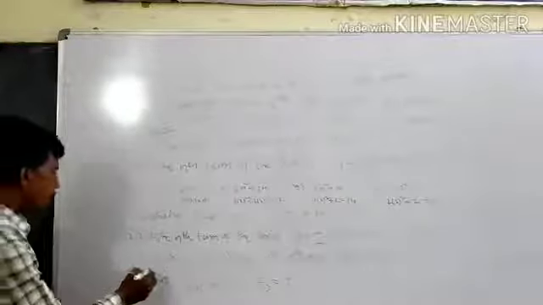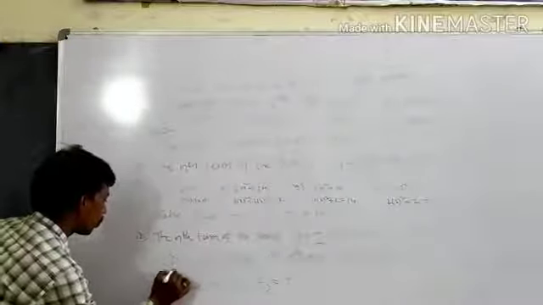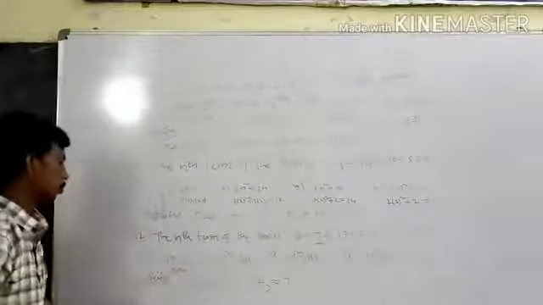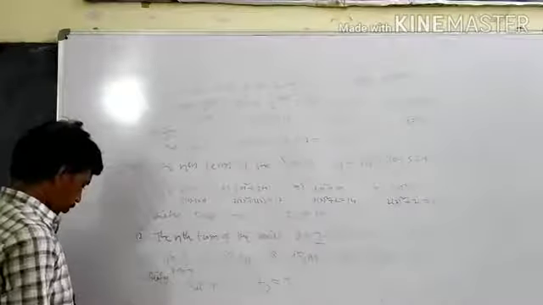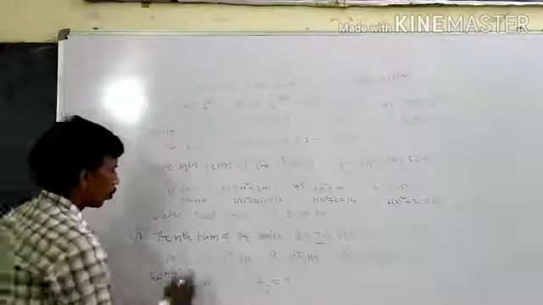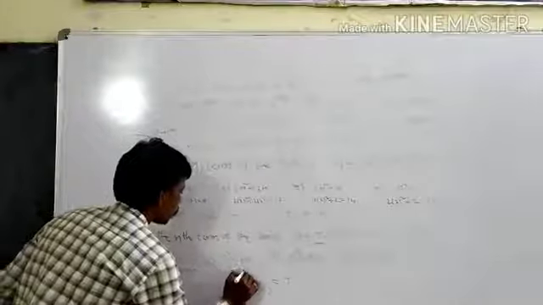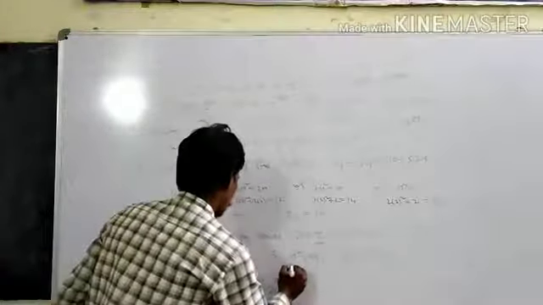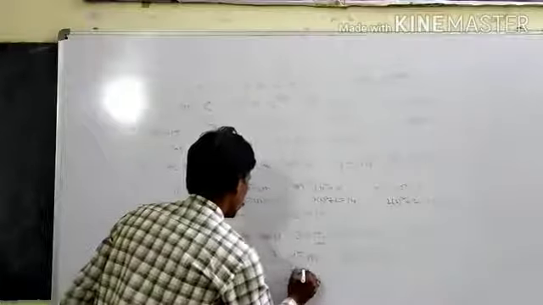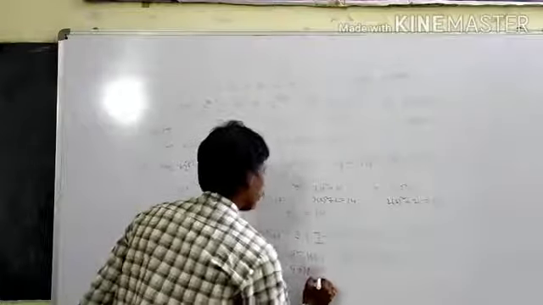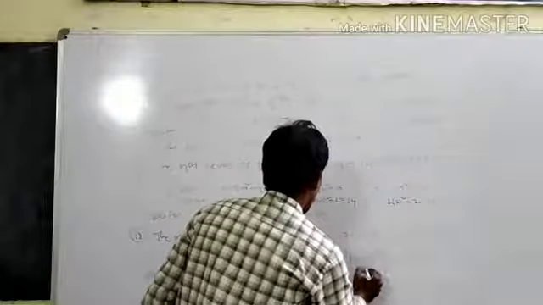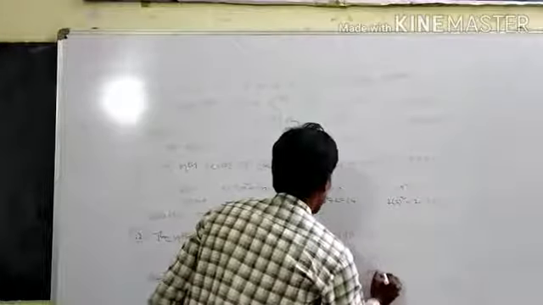Now verify: n equal to 2, 4 into 2 is 8, 8 minus 1, 7. n square plus 2n is 4 plus 4, 8. n square plus n plus 1 is 4 plus 2 plus 1, 7. n square plus 2 is 4 plus 2, 6.